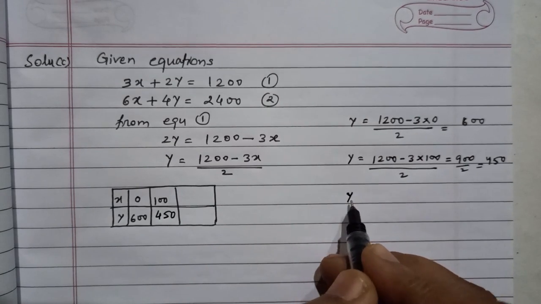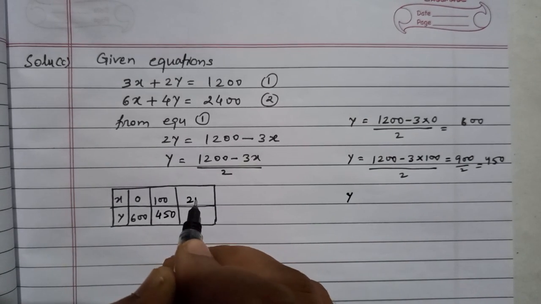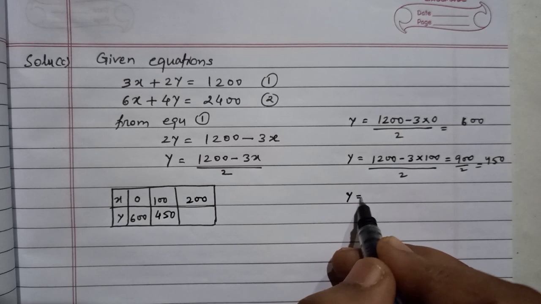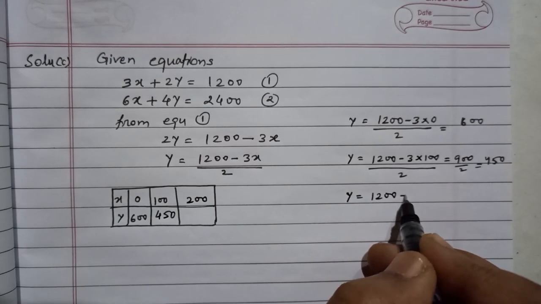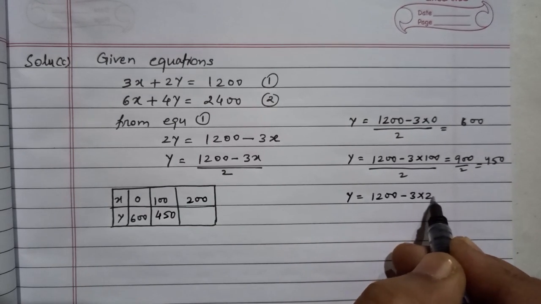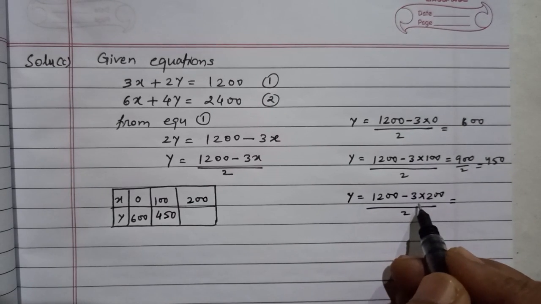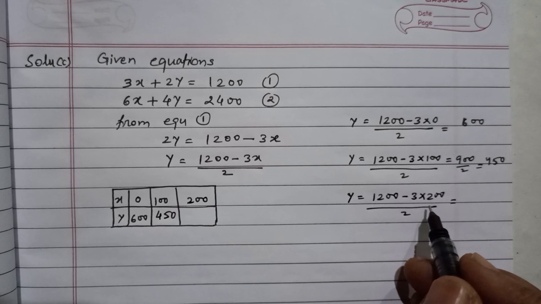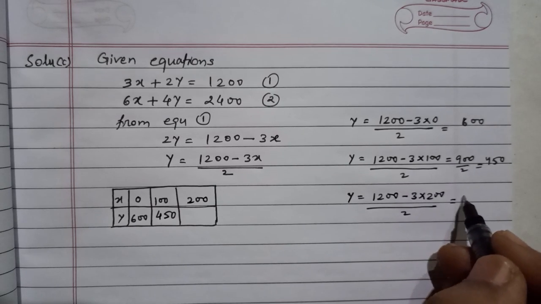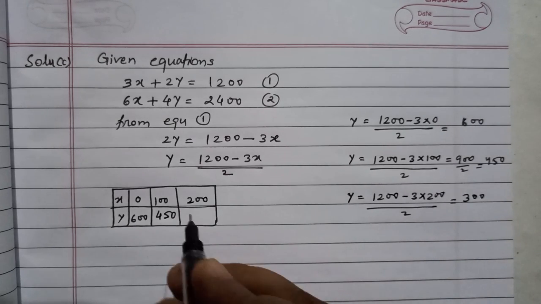Suppose x equal to 200, then 1200 minus 3 into 200 upon 2. 3 into 200 is 600. 1200 minus 600 is 600 upon 2 is 300.